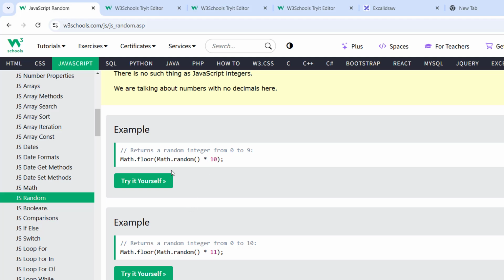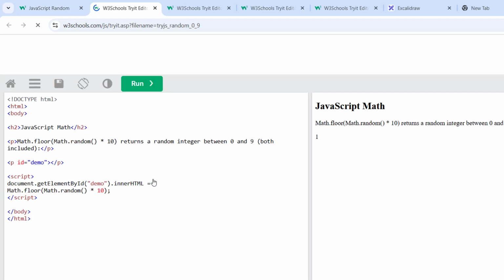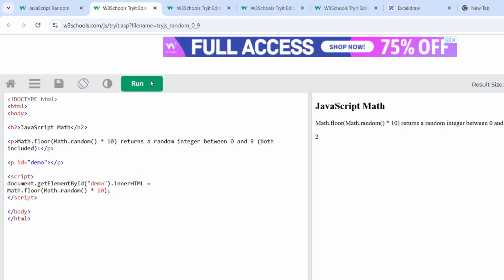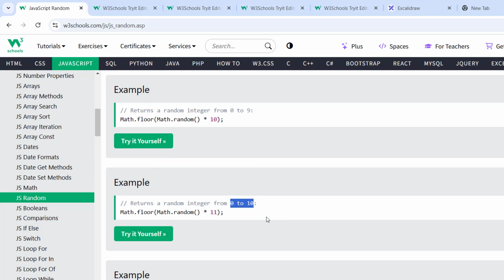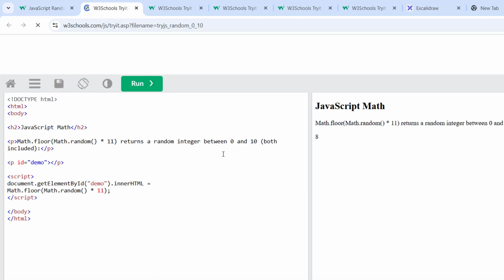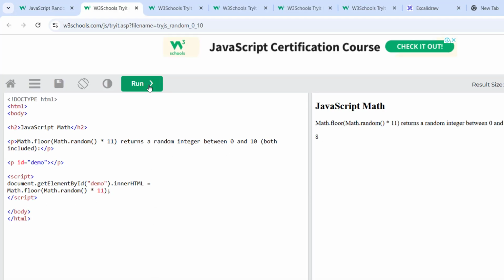Math.floor(Math.random() * 10) returns a random number from 0 to 9, always in between 0 and 9. If you want a random number from 0 to 10, you should multiply by 11.